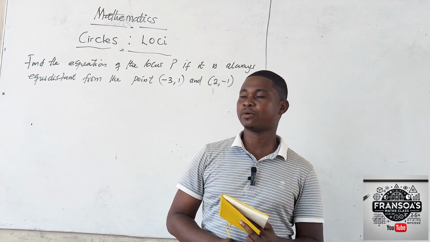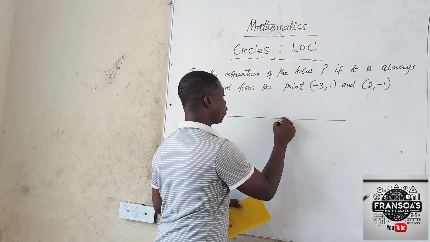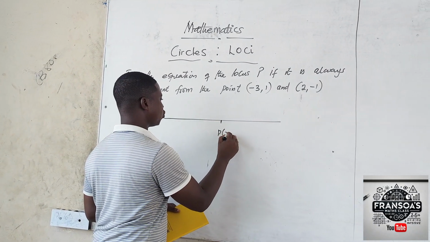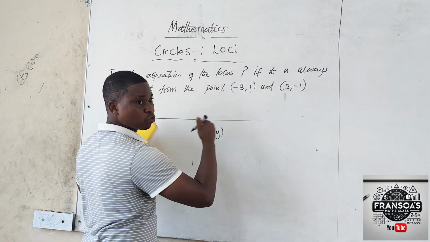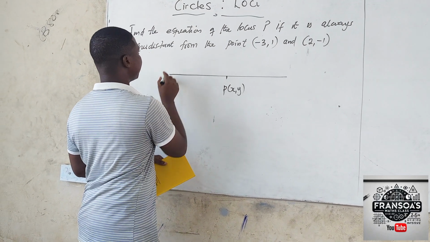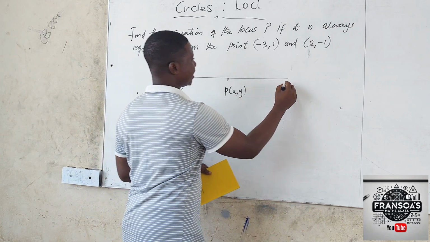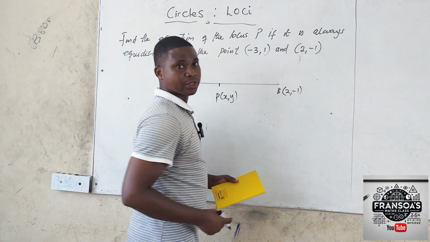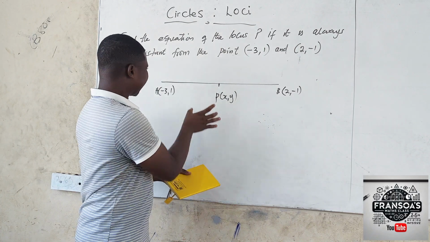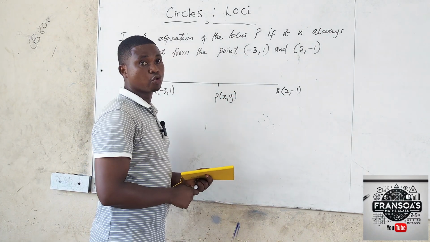If it is equidistant, let's say the point is P as xy, it's equidistant. So it means it divides this one into 2 equal parts. Let's say we have our first point A to be -3, 1, and the next point B to be 2, -1. So this tells you that the distance PA and PB should be equal.